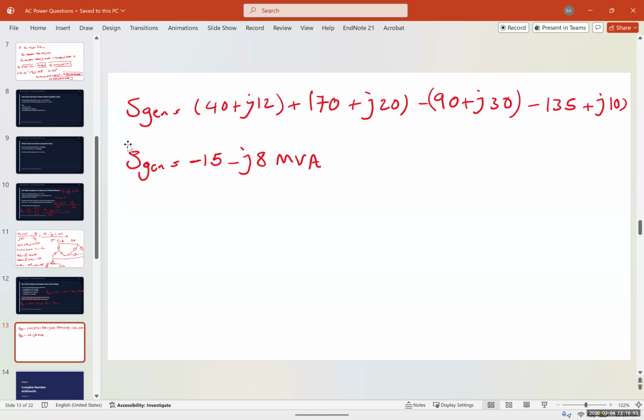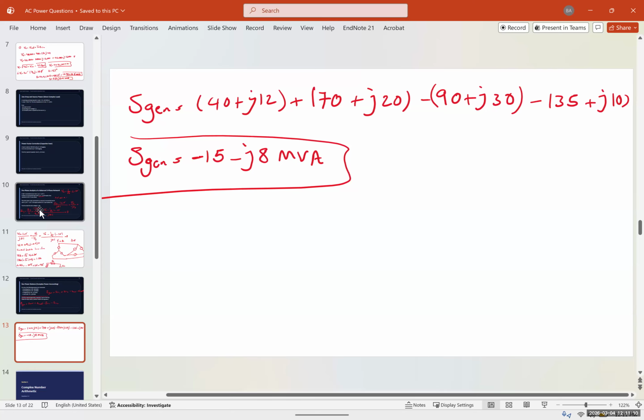So a negative result means the bus actually needs 15 megawatts and 8 megavolt amps reactive. Net import, not generation. So if in the exam there's a multiple choice asking if there's export or import of power, the bus is the net importer of power.